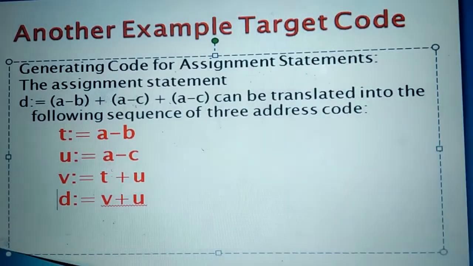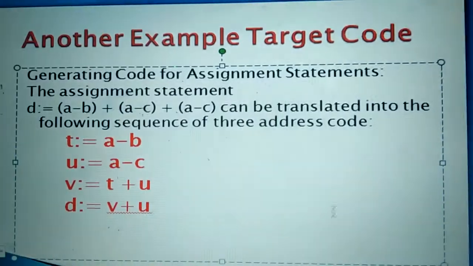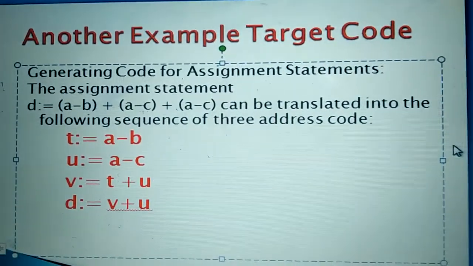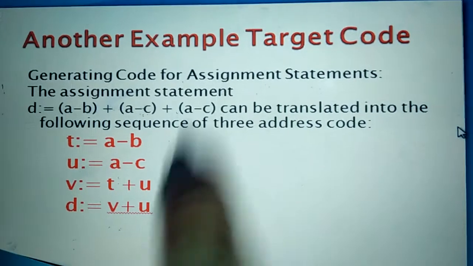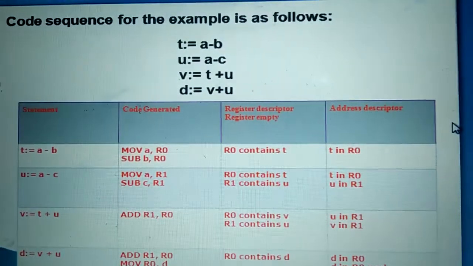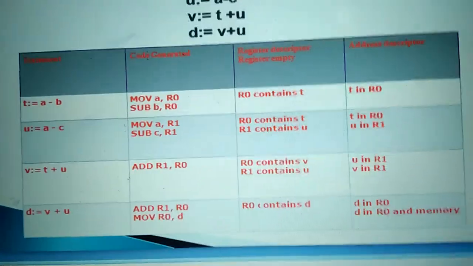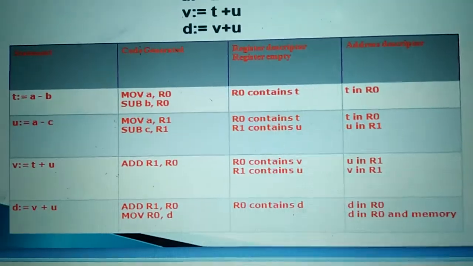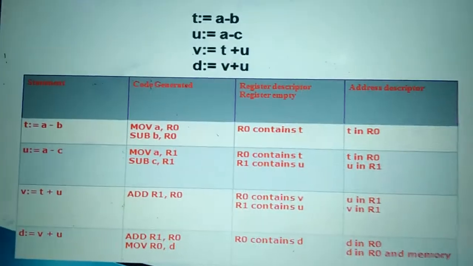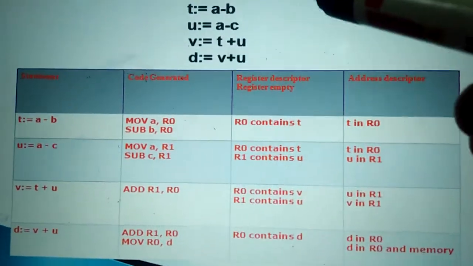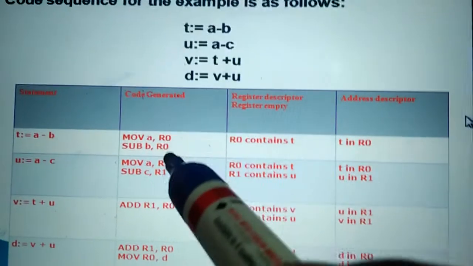But see, I still haven't shown how to generate the target code. Well, we are seeing here the three address code.